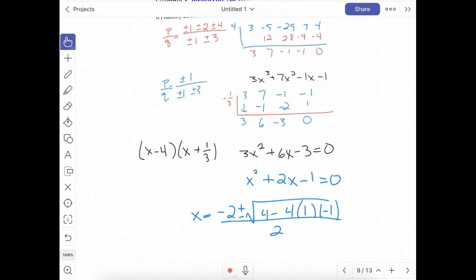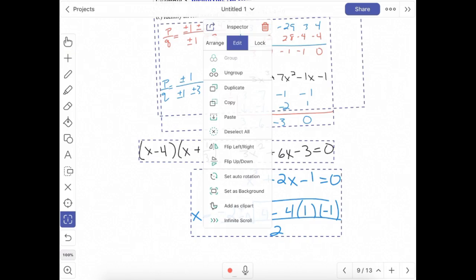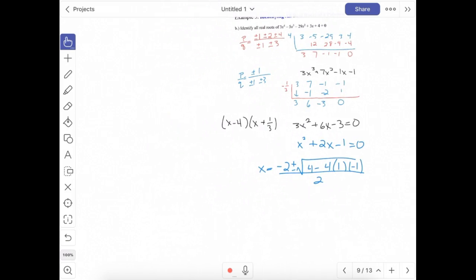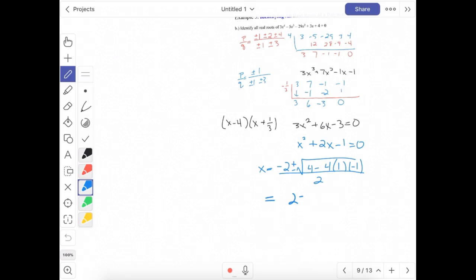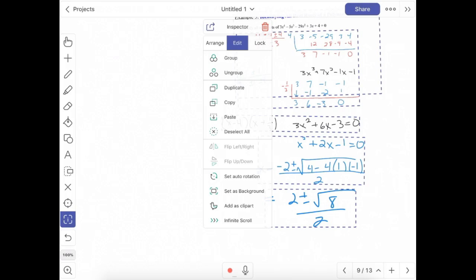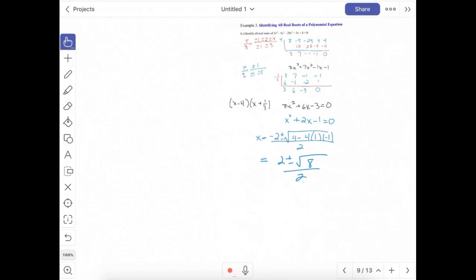Let me group these guys together real quick. Okay, simplifying this, we get negative 2 plus or minus the square root of 8 all over 2. I know that the square root of 8 is 2 root 2.